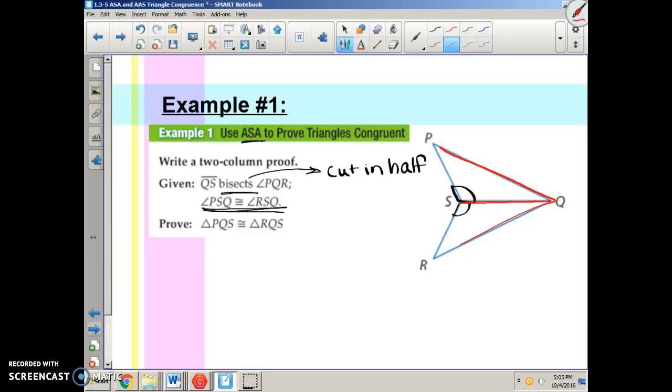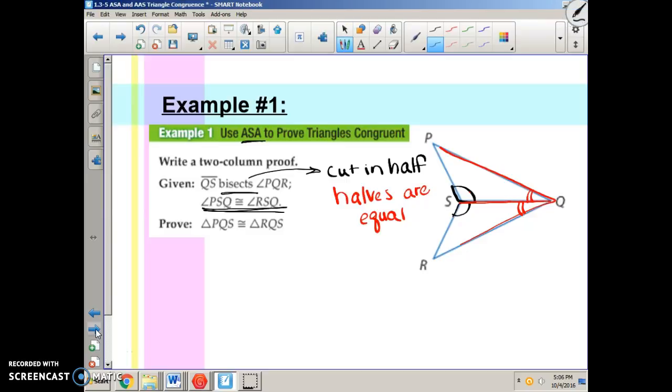Well, things that are halves are equal to each other. That means those two angles are equal to each other. Okay, now I'm not going to just use one arch because it's not the same as this one right here. I'm going to use double arches to show that they're equal to each other, but not necessarily equal to that other angle. All right, so we've got two things so far.